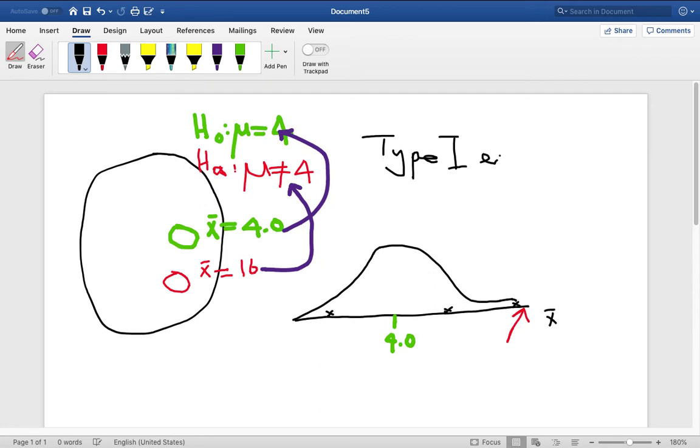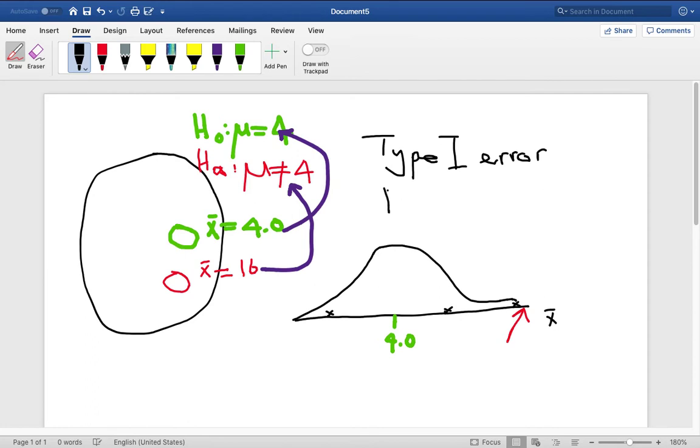A type 1 error occurs when you choose a correct null hypothesis, but you actually reject it. So in this case, it could be that students really do study for 4 hours a day, but I was unlucky enough to choose a group of students for my sample that study for an average of 16 hours a day, causing me to believe that my assertion is wrong, and I reject a true null hypothesis, and that is a type 1 error.